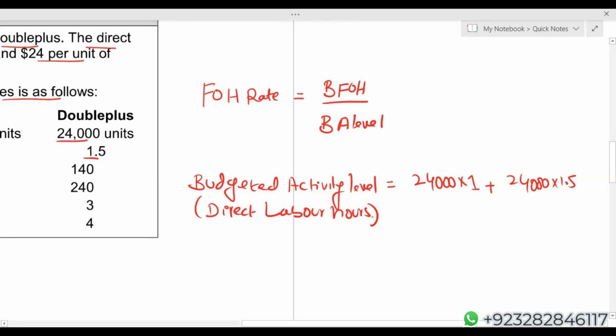So first we have to calculate total direct labor hours: 24,000 multiplied by 1 for the plus, and for double plus, 1 unit needs 1.5 hours of labor, so 24,000 into 1.5, which is 36,000. 36,000 plus 24,000, I'm getting 60,000. So budgeted direct labor hours are 60,000.